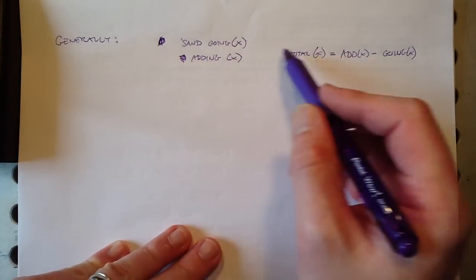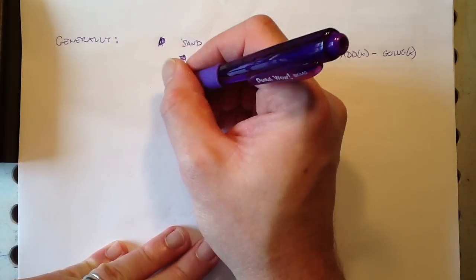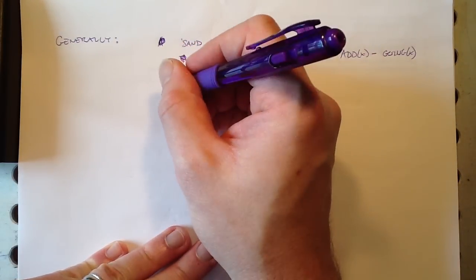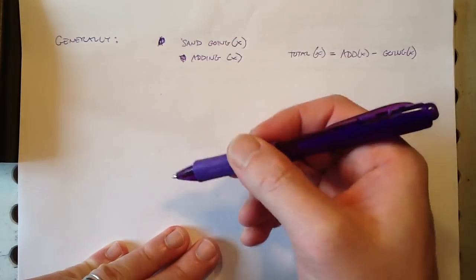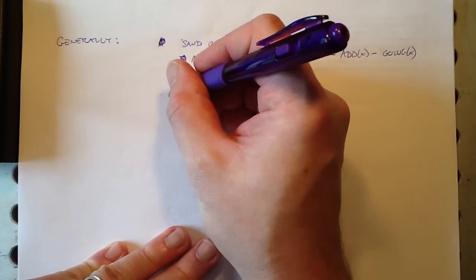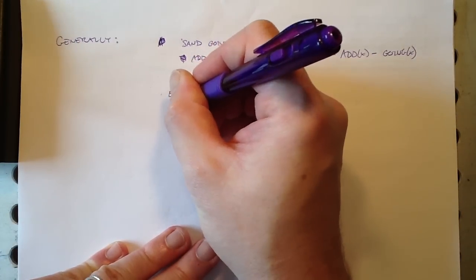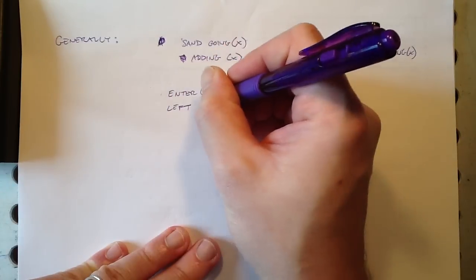And there are lots of different ways that this can be set up. Another common one is you've got, say, a concert or amusement park where people have bought tickets and they're entering some kind of event. So you have the number of people who have entered, and then the number of people who have left.